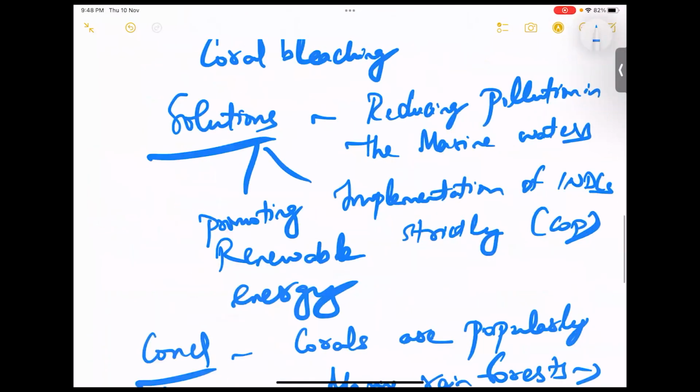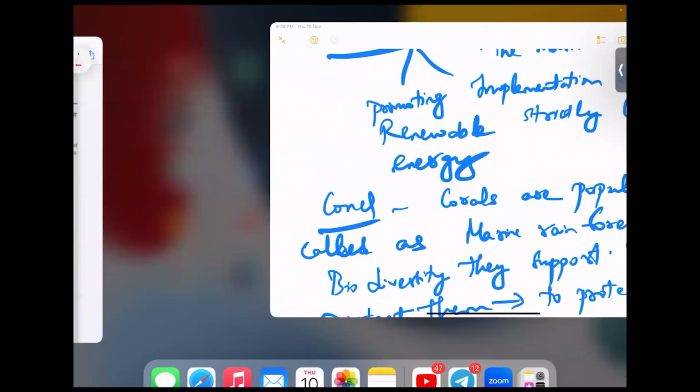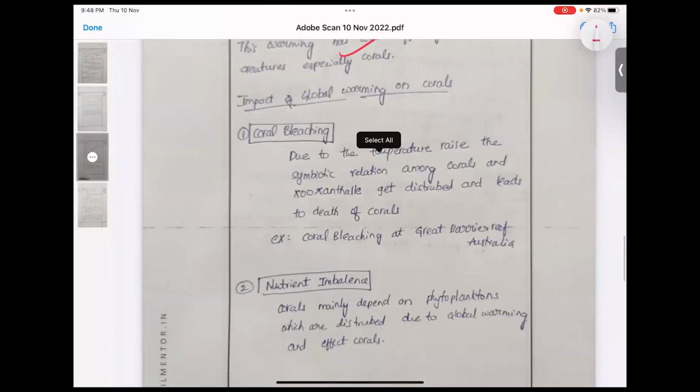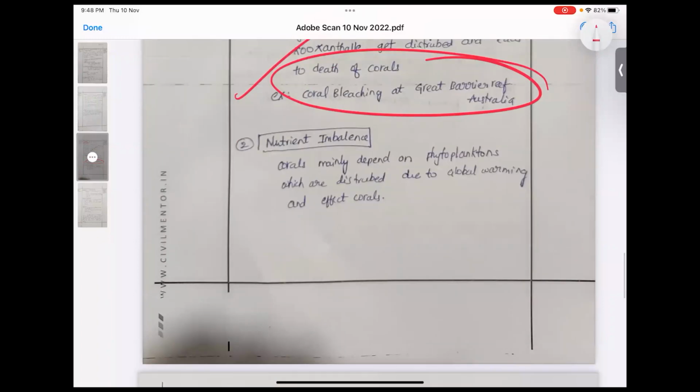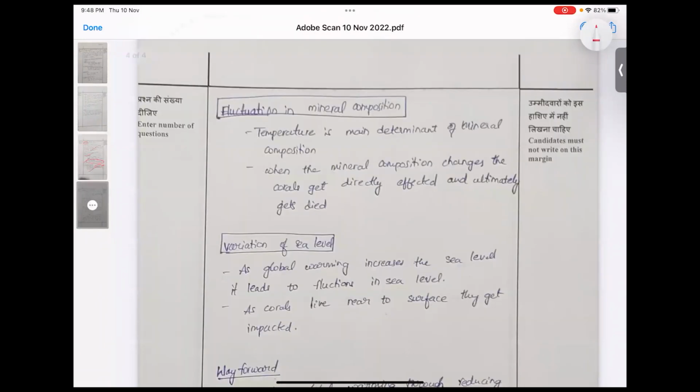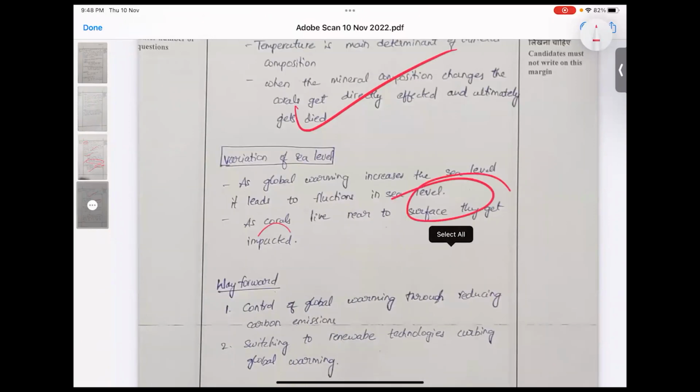Yes, coral bleaching. Example, coral bleaching and nutrient imbalance. Phytoplanktons, this point I forgot. The phytoplanktons are reducing and hence the corals are also reducing. Okay, varied sea surface temperature.